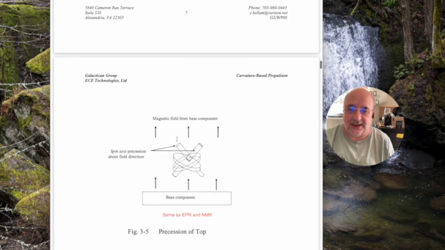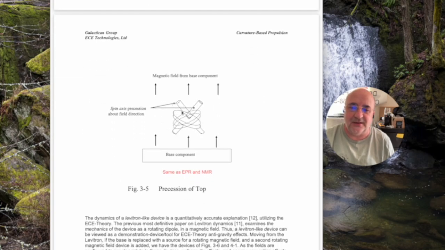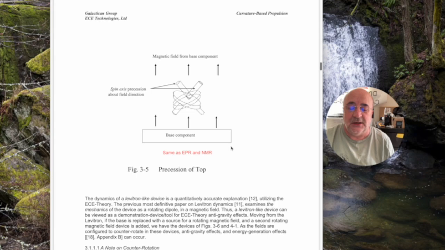That's the generic name. And this is the way the spin axis precesses to keep it afloat above a base magnet component. It precesses. And Falcon Space and I have been working on understanding electron parametric resonance and nuclear magnetic resonance, in which electrons or protons or nuclei do the same thing.